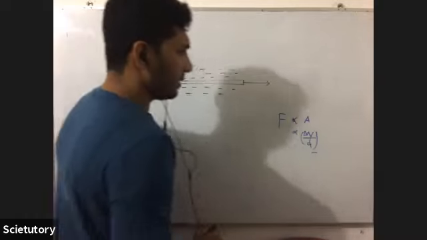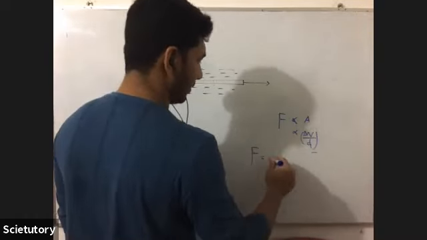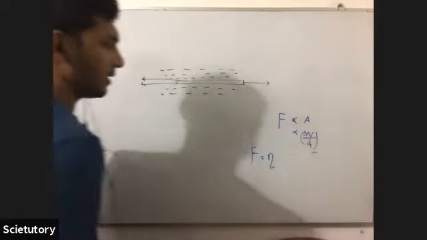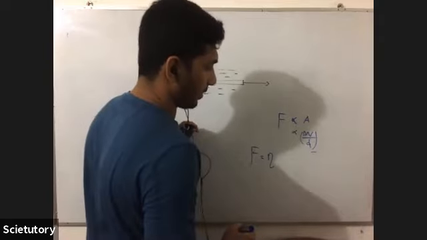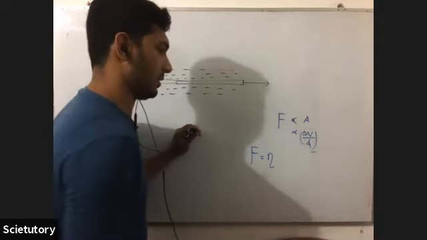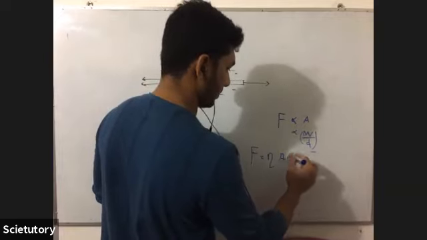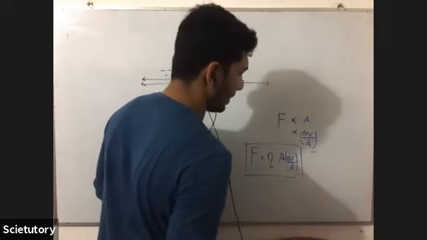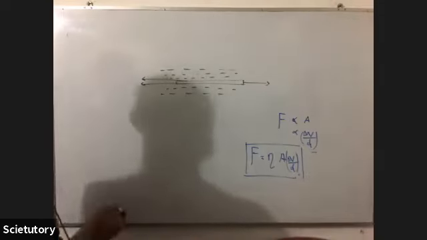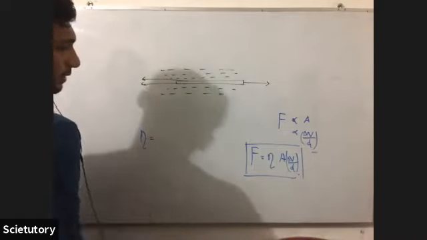So if you convert this relationship into an equation, you put a constant called viscosity or coefficient of viscosity. Okay, this is the equation. This is called Newton's equation. So you can actually derive an equation for eta here. So eta is equal to what?